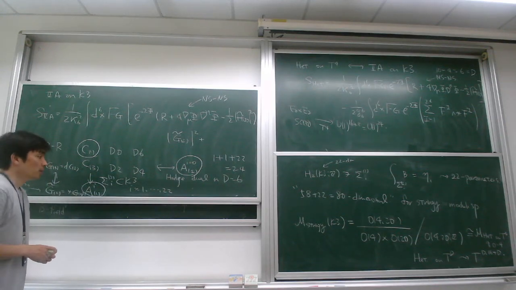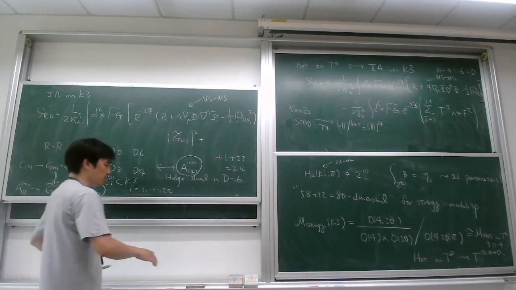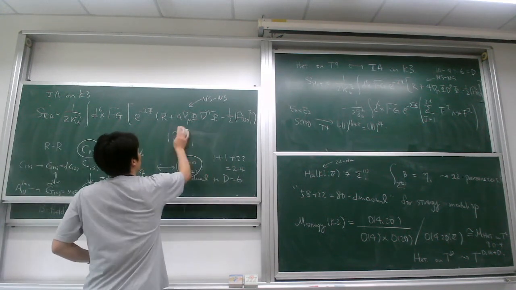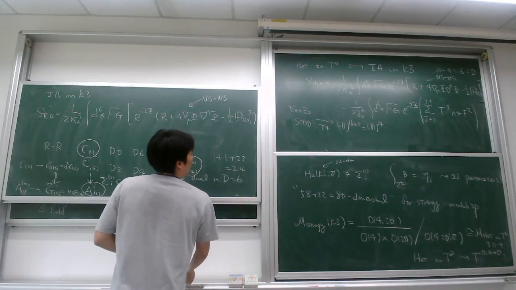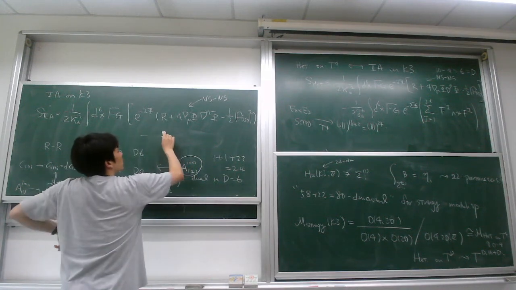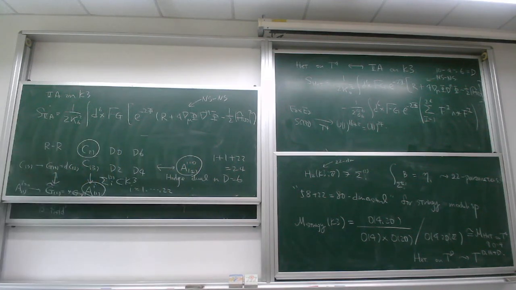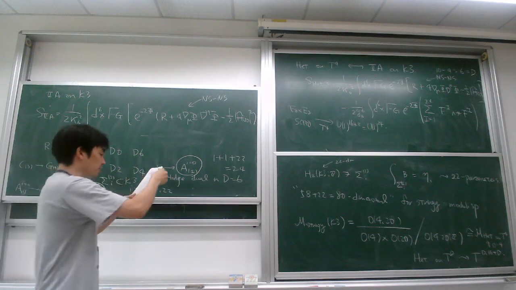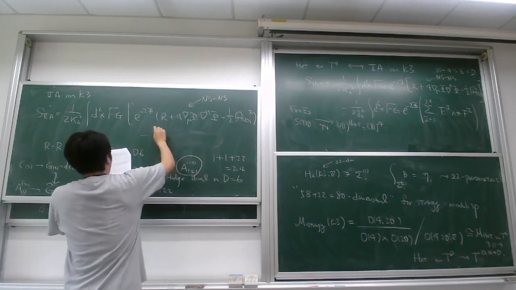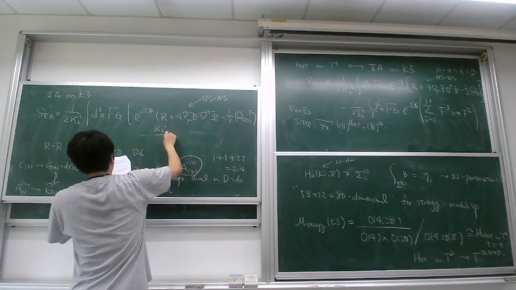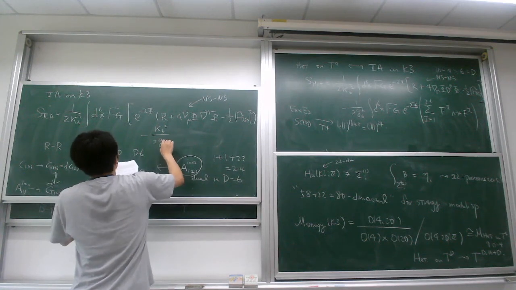So if you combine them together effectively, what you get is indeed minus 1 over, well, up to some factor. You have to be careful of a factor.